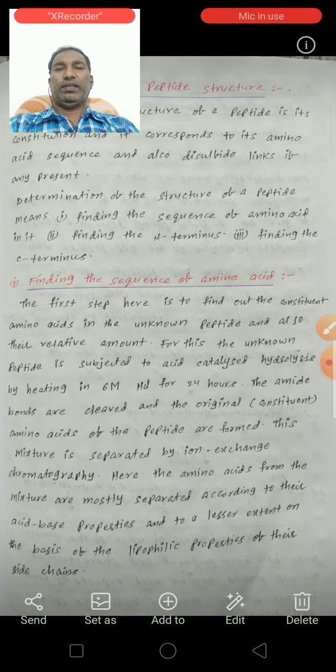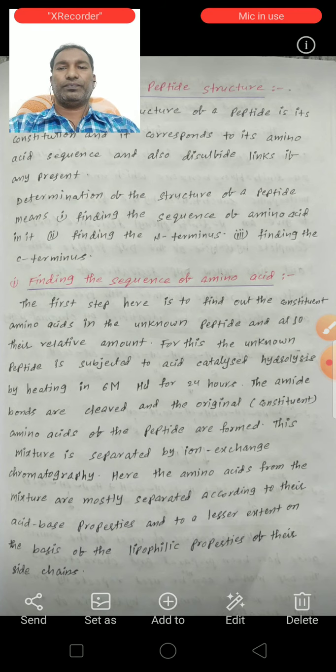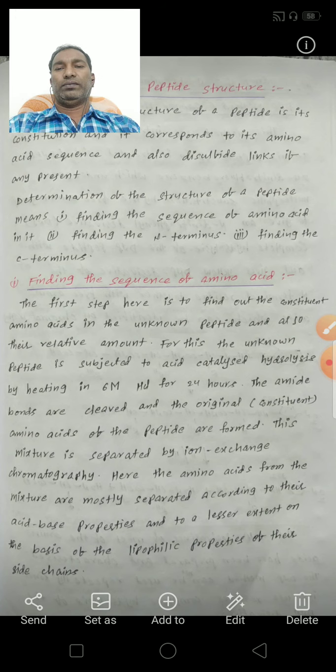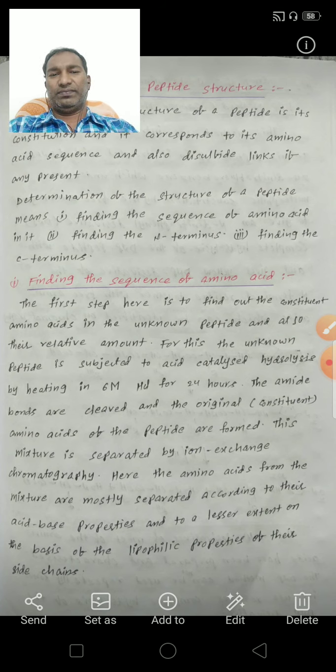So determination of the structure of a peptide means: first, finding the sequence of amino acids; second, finding the N terminus; third, finding the C terminus.